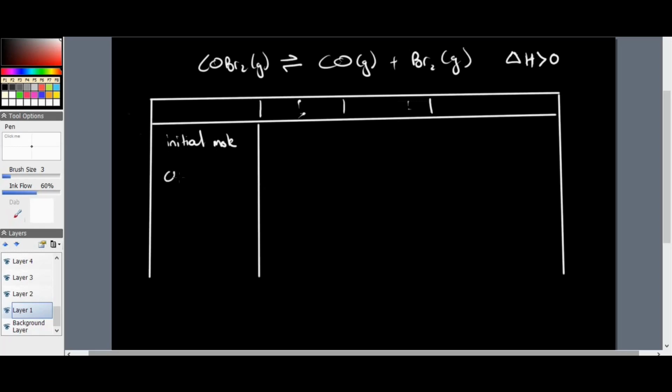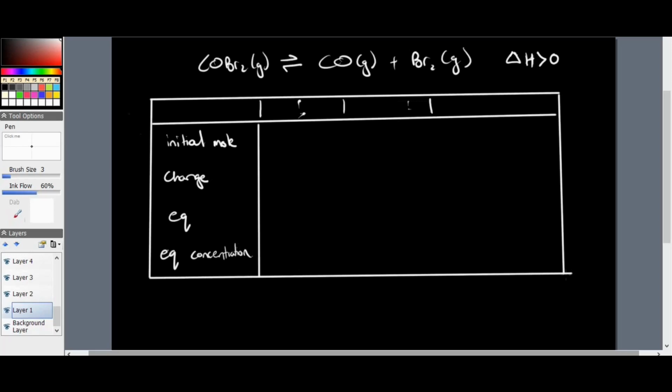Then I have the change in the mole. Then I have equilibrium, and then I have the equilibrium concentration. And there's my table.